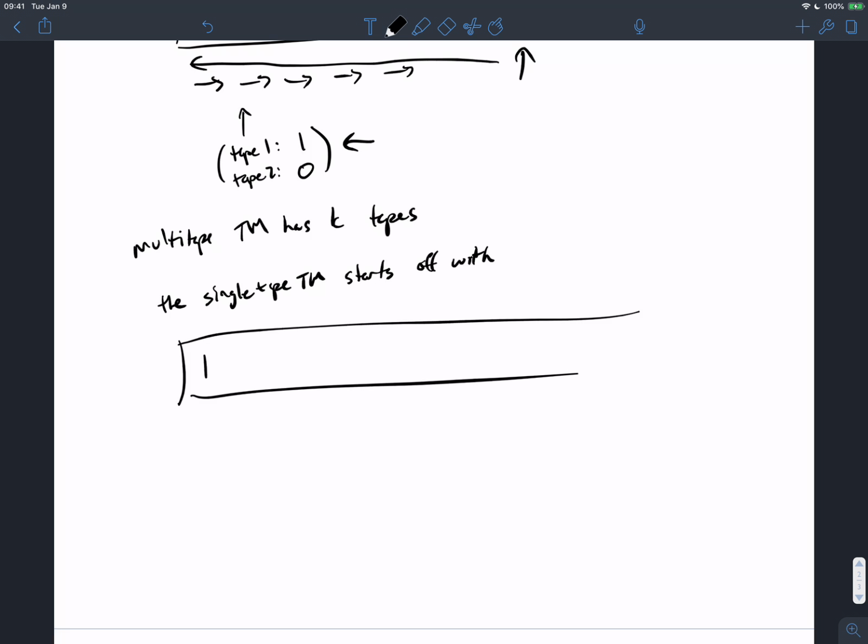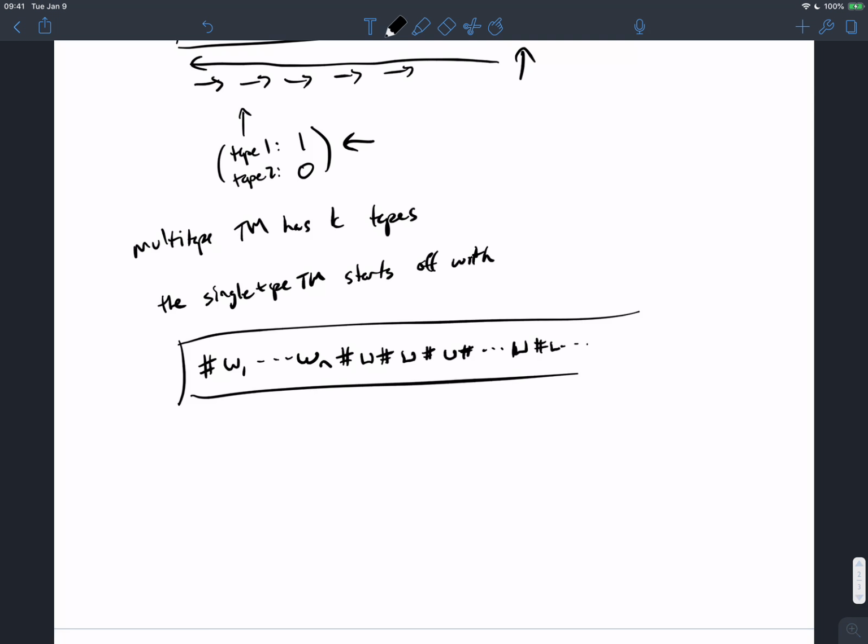Well, it starts off with a delimiter at the beginning, just like before, but then it writes down the input to the multi-tape machine there, and then, as a helpful guide, we put a blank character representing what the other K-1 tapes will start with.